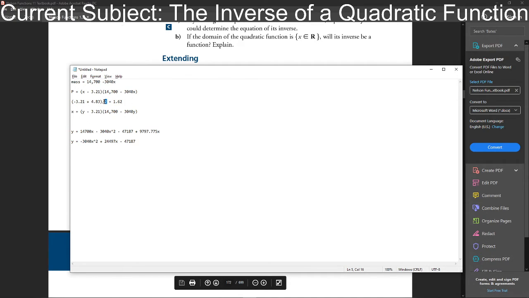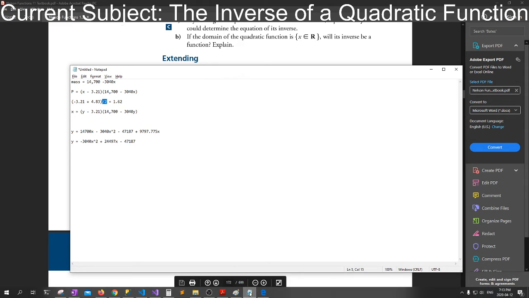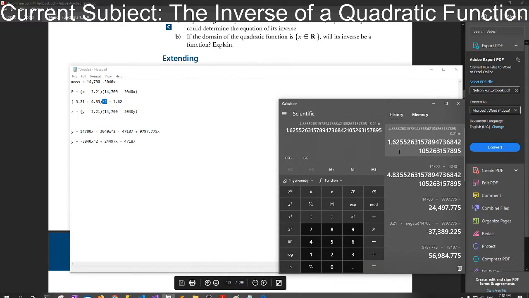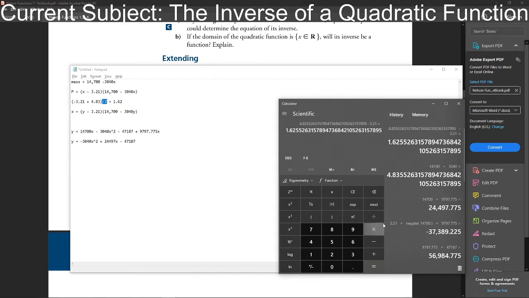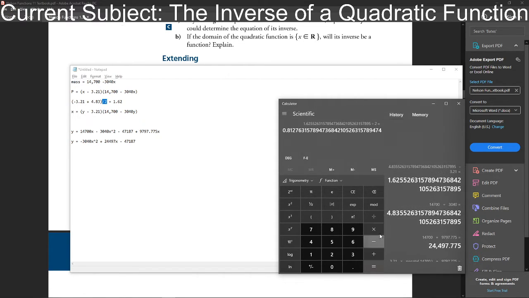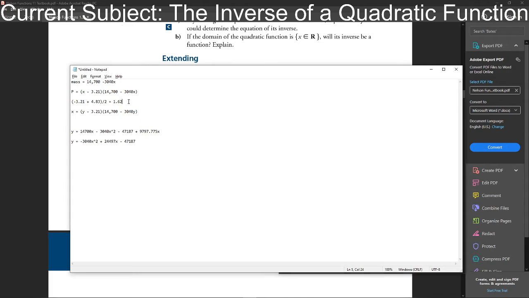Did I? I thought I did. Oh, that's right. Divided by 2 should equal 0.81.